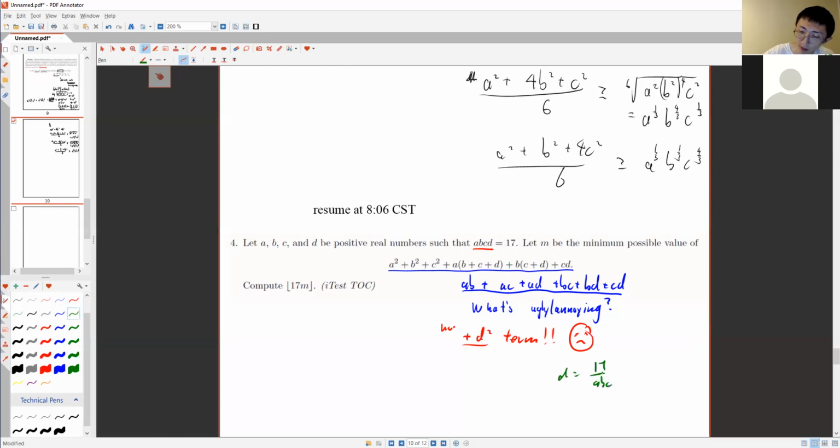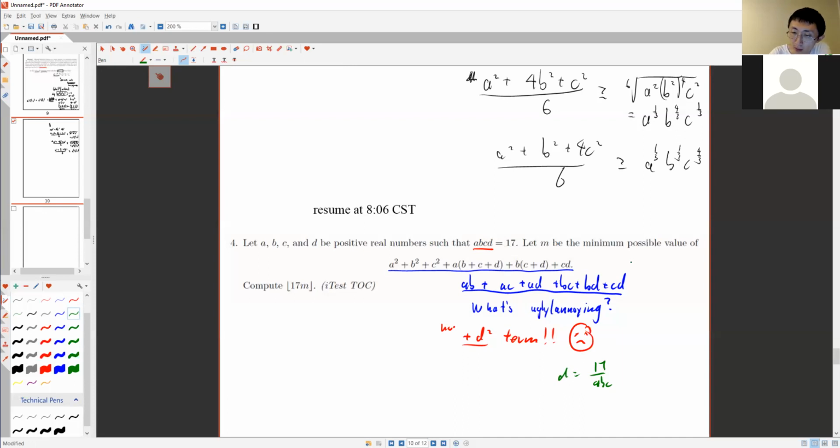Yeah, that might be a bit ugly. Let's see. So that doesn't actually change whether or not we can apply AM-GM directly or not, I don't think. I mean, we can try it and see. It doesn't hurt to try it and see.